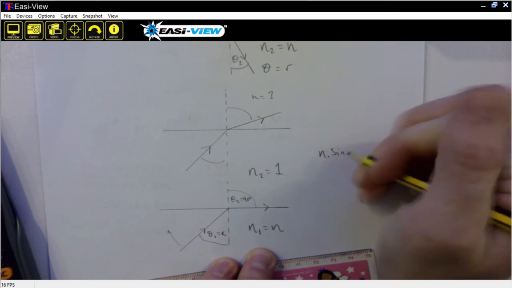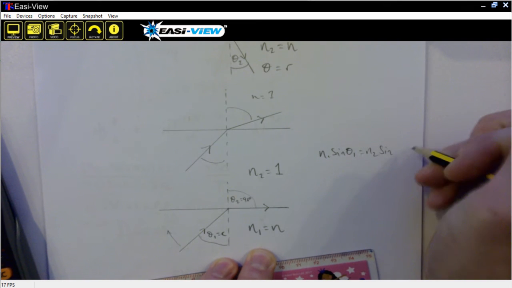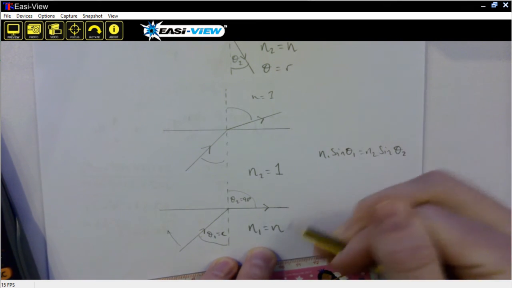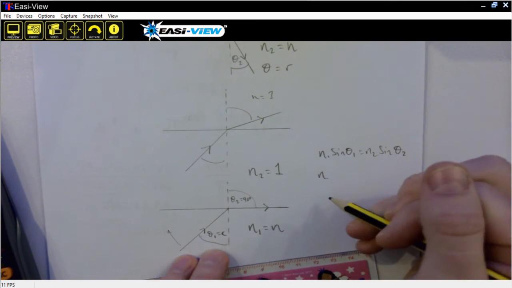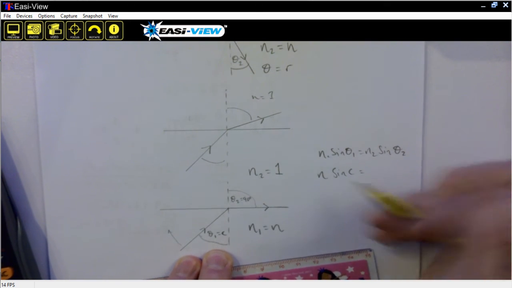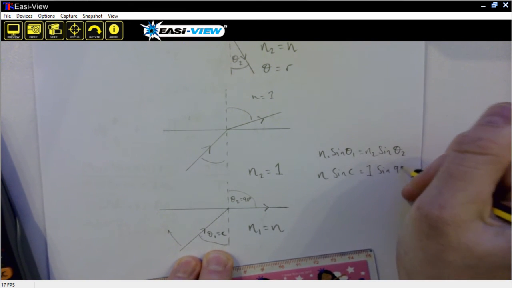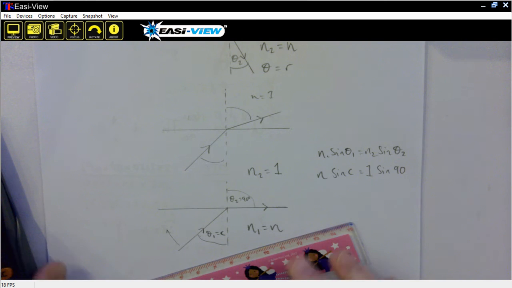n1 sine theta 1 equals n2 sine theta 2. But for this situation, n1 is n, sine theta 1 becomes sine C, and this time n2 is 1, and we have the sine of 90. Now you may know this immediately.